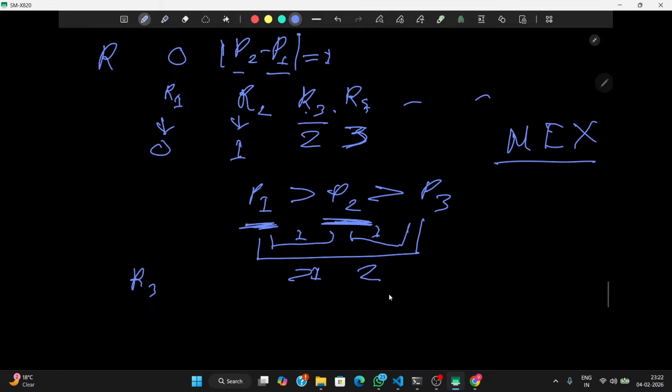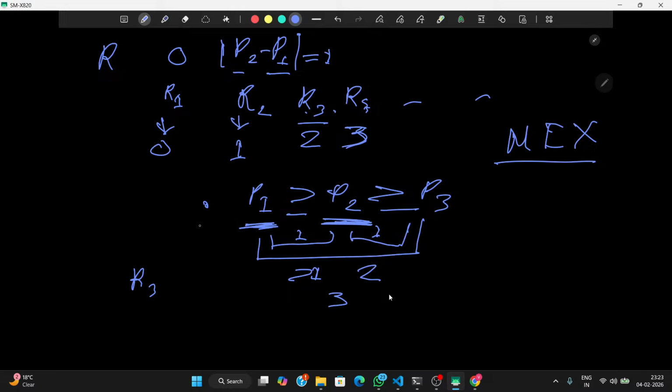So let us consider the fourth element. The fourth element cannot be between P1 and P2, as these two are adjacent elements. Similarly, the fourth element cannot be between P2 and P3, as these two are also adjacent elements. Let's say that the fourth element comes after P1. Initially the difference between P3 and P1 was 3. Now this difference will increase and we want it to increase by 1 only.